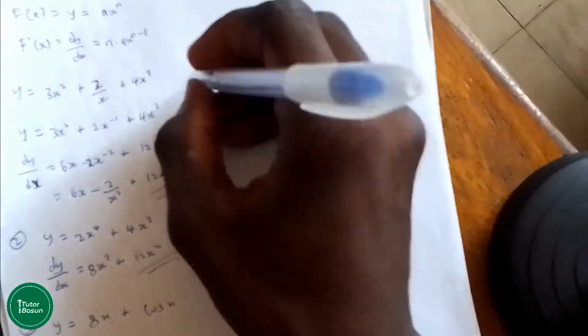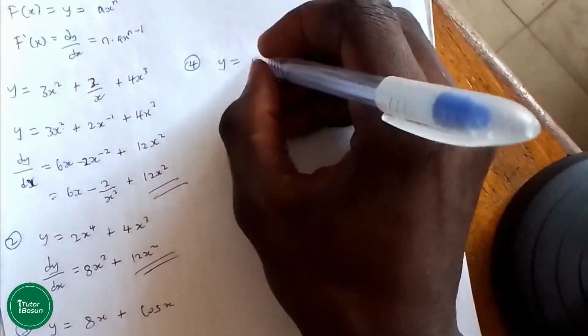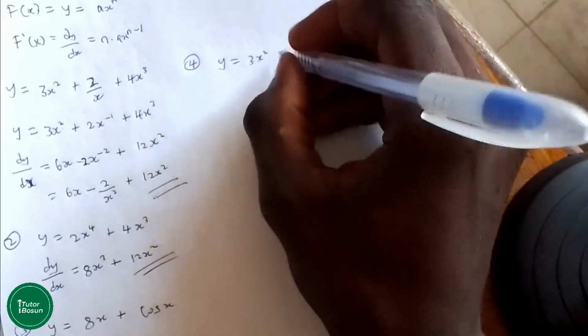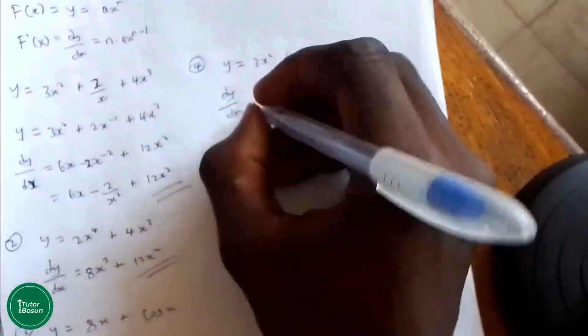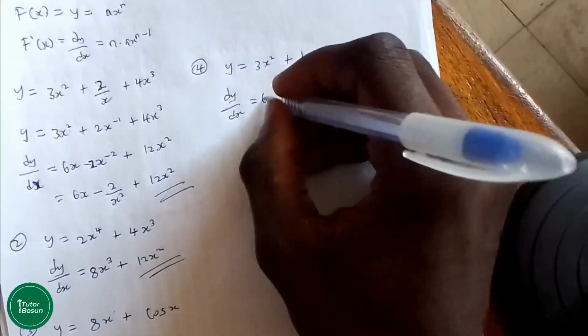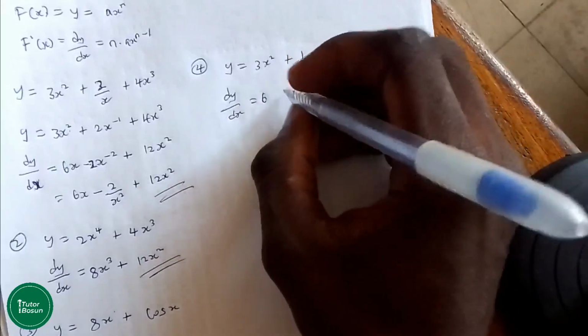Then let's solve one more. Let's say we have y equal to 3x squared plus 1. Then dy dx becomes 2 multiplied by 3, and that's 6. Then you subtract 1 from 2, that's 1.